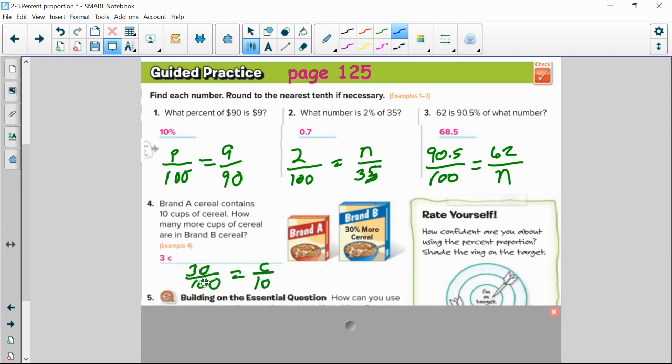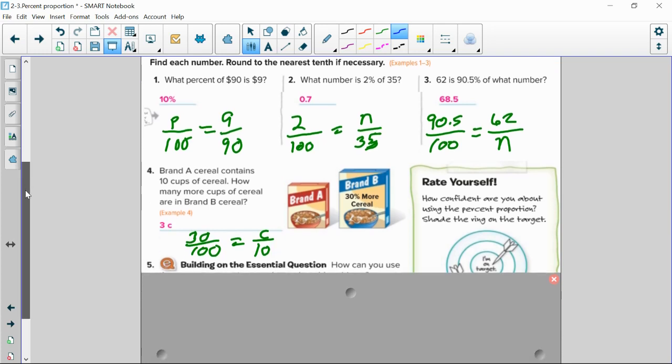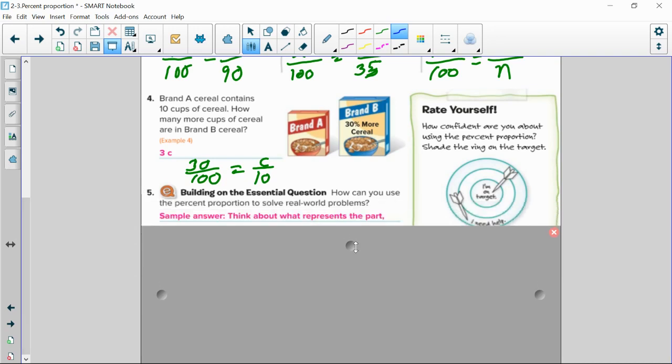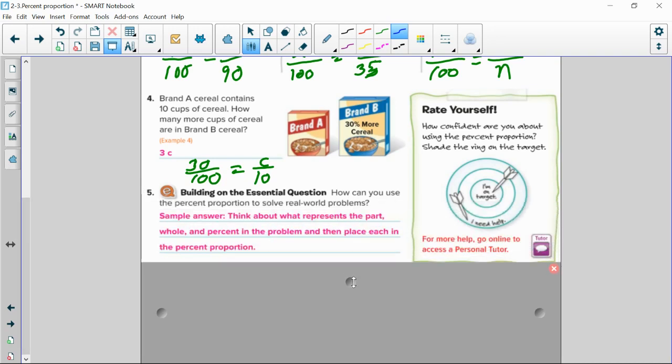Well, I got 3 cups because you would set up your proportion. It didn't ask how many total cups. So if you put 13, I can see that's where you might think that, but it only asked how many more. Okay, but if you put 13 cups, you were on the right track, just not the exact answer.